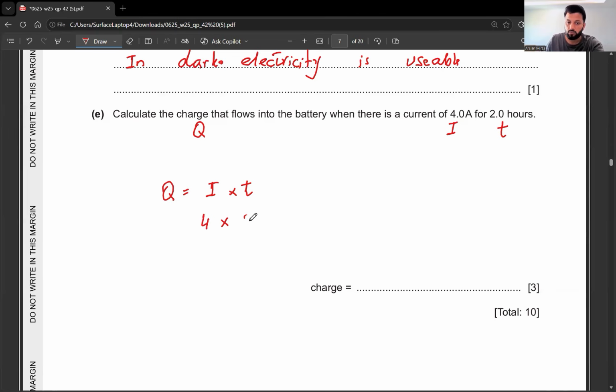T is 2 hours, so 60 minutes times 60 seconds. So the answer will be 28,800. You can write the SI unit or you can write the base unit. If you write the base unit, that is ampere second. If you write the SI unit, that is coulombs.